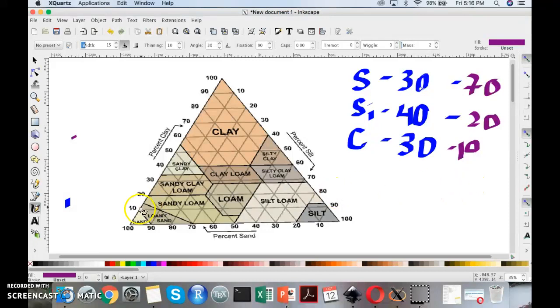So we said clay, 10%. Okay, sand 70%, so that's a little bit over here. And then silt 20%, so that's going to be over here. So we would end up getting this nice sandy loam, which makes sense.